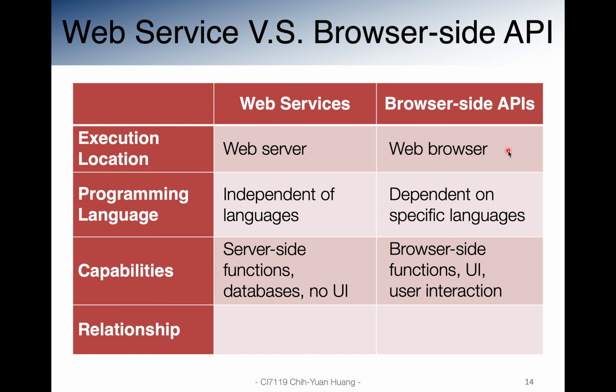In terms of the browser-side API, it usually provides some lightweight browser-side functionalities, some simple processing or presentation visualizations. Those easy or lightweight functions are usually supported by the browser-side API. And sometimes it also provides some graphical user interface, so that users can easily utilize those APIs.